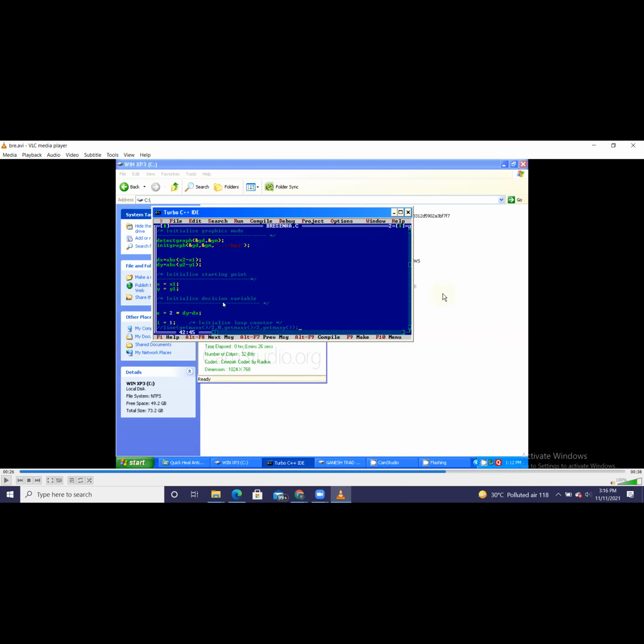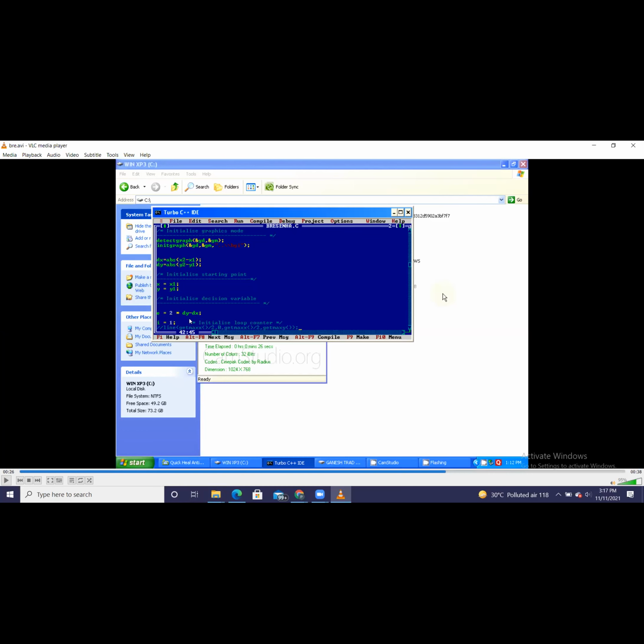Then we are going to initialize the decision variable E. E is nothing but the error term, or we can say decision variable. Depending upon E's value, we are going to select either x increment or y increment. So here E is equal to 2 into dy minus dx. We have already seen how this term evolved, right? We have seen that E is equal to 2 into dy minus dx.